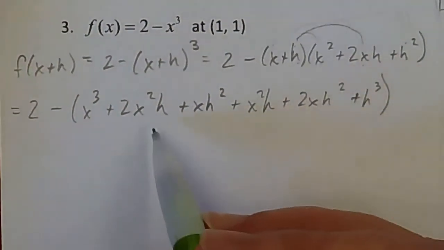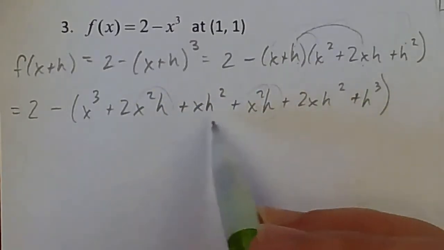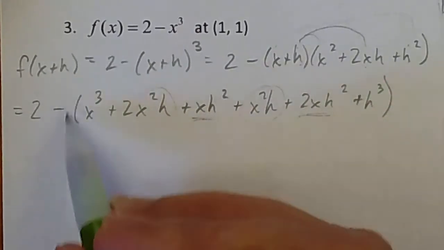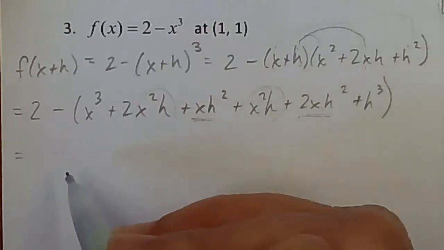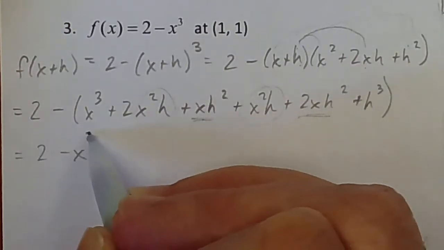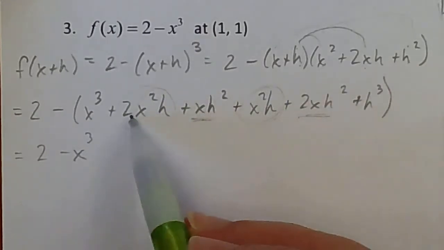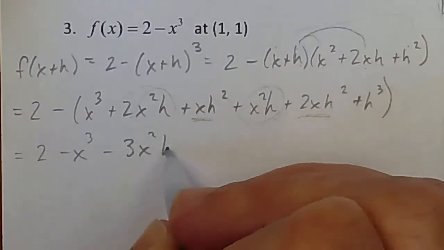Okay, I do have some like terms, right? The x squared h and the x squared h, I'm going to combine those, and then these as well, the x h squared. And let's distribute this negative now in this step. Okay, so we have 2 minus x cubed. This 2 plus this 1 is 3, but it's going to be minus, so minus 3x squared h.